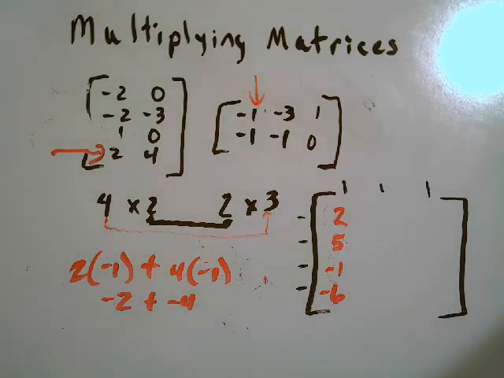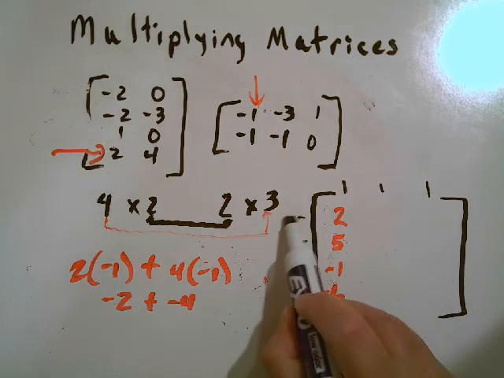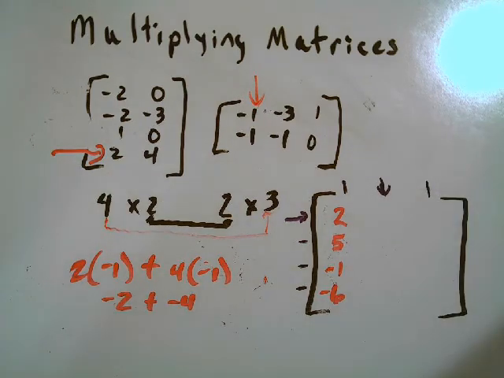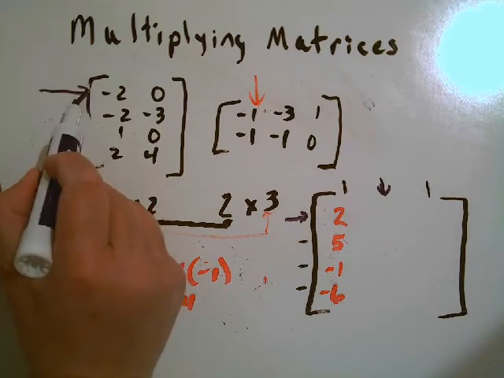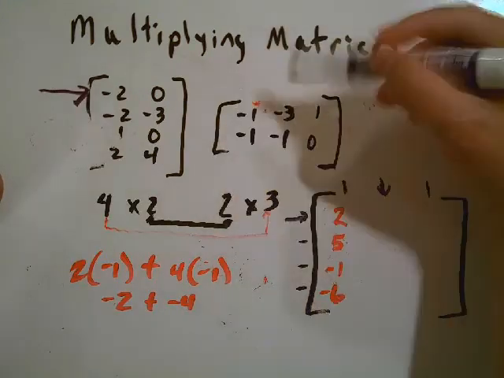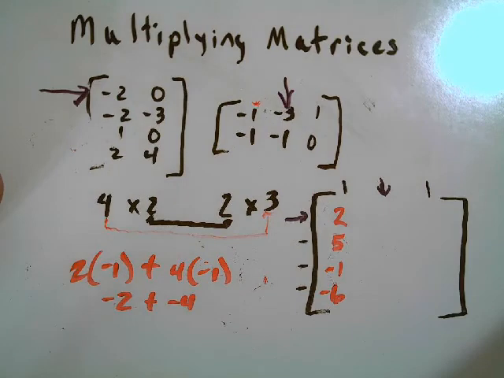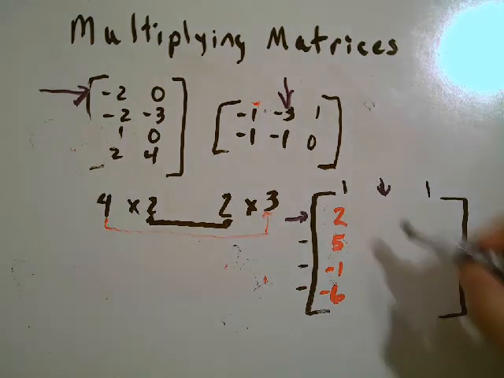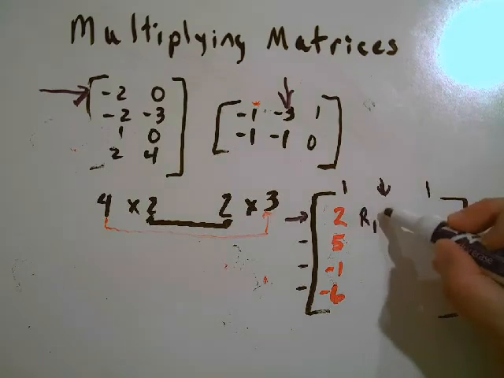Now we're ready to move to the next column. This time I have row 1, but now I'm using column 2. So I'm going to go back and have row 1 of the first matrix, but now I'm going to move over to column 2 to grab my elements to multiply. So this spot is row 1, column 2.